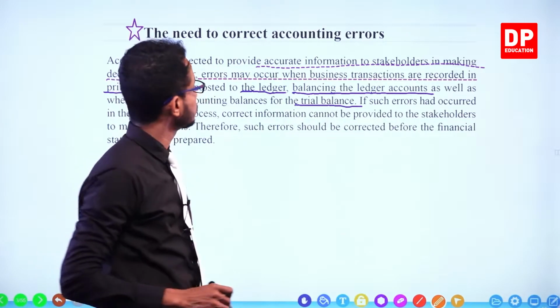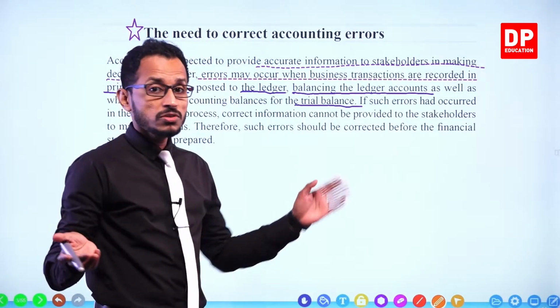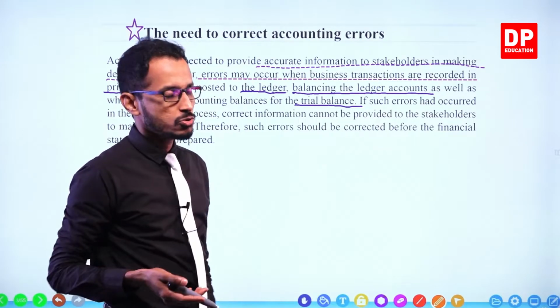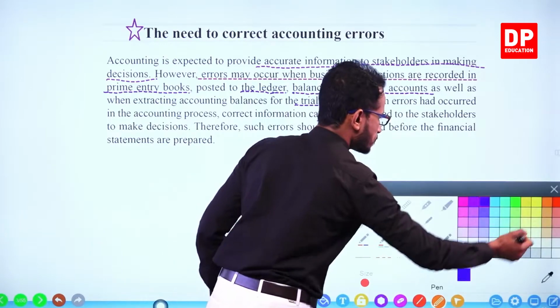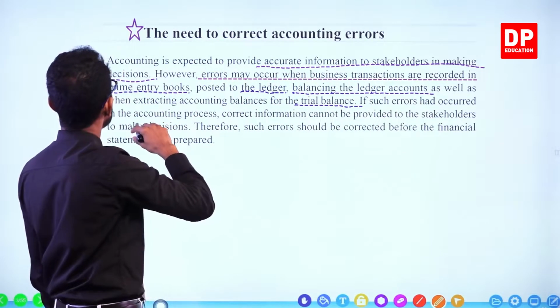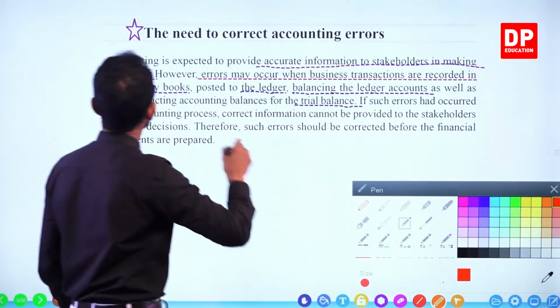I'm using different colors. So, we are talking about 4 places here where errors could occur. Prime entry books, first place.